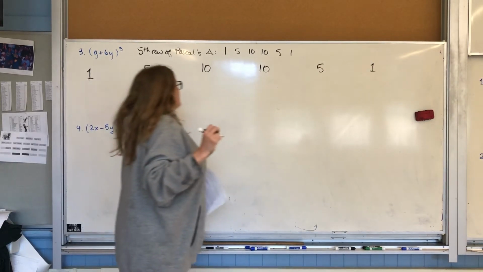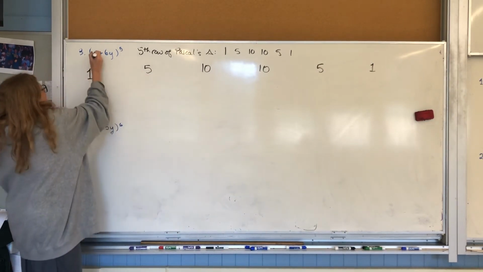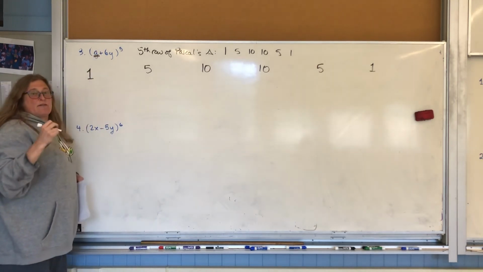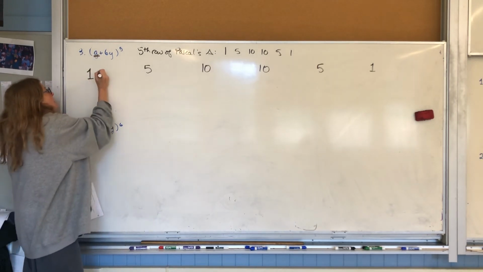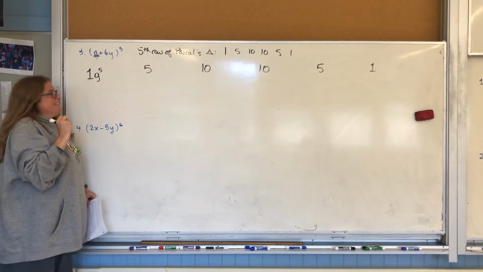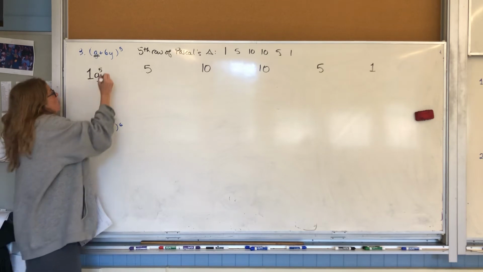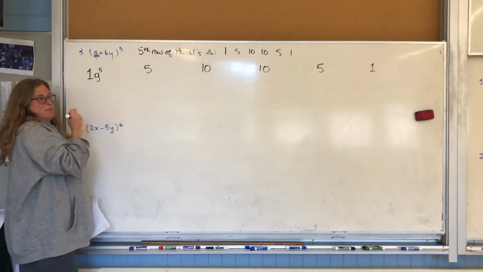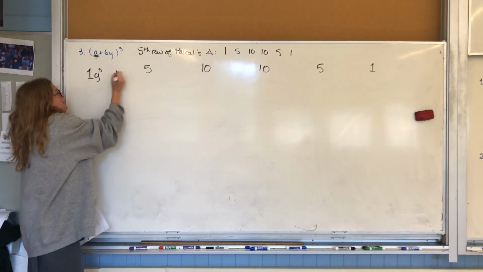Okay? So this time we have G. We're going to start out, G is our first term. We're going to start out by getting all of the exponents to the G. Right? And the 6y is going to have none of them. Okay?